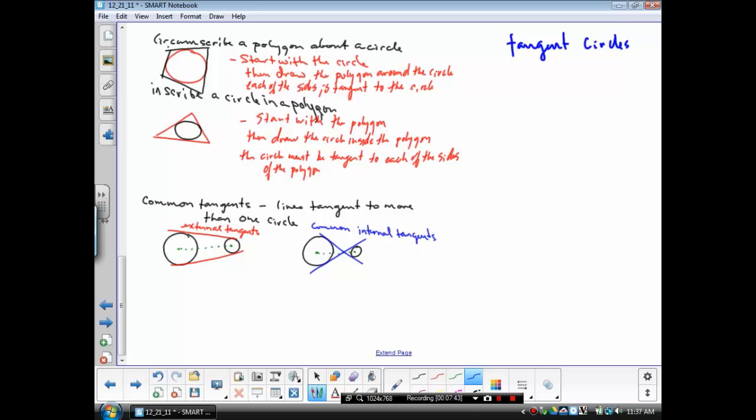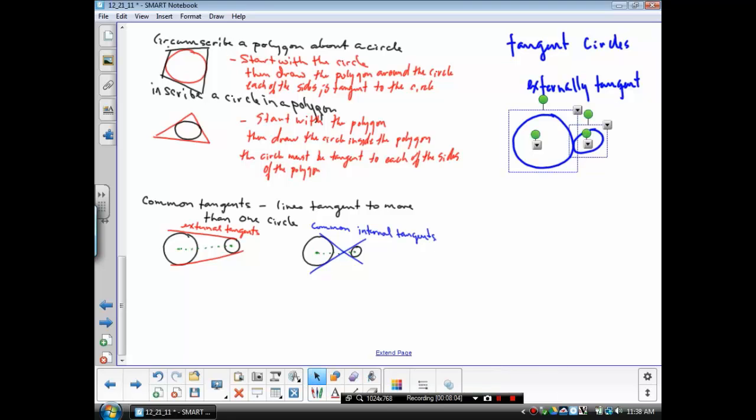If they are externally tangent, then they are not one inside the other. So this would be one of the circles, this would be the other. They are tangent to each other because they intersect at exactly one point.